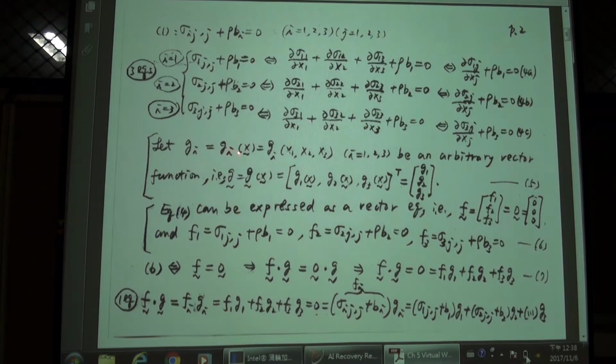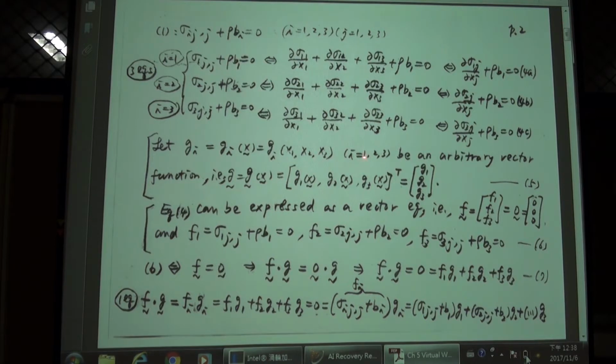Let g_i equal g_i(x), which means that this function is a function of x. It's an arbitrary vector function. Also, it has three components. Look at here, g vector equal to g1, g2, g3. And they are the functions of x, okay, vector. So this is an arbitrary vector.